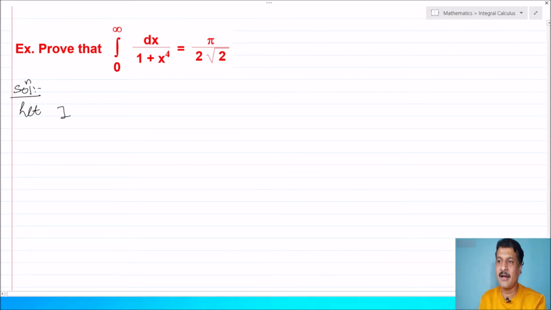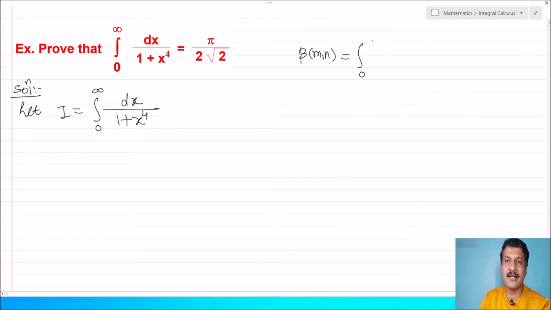So let I equal integration 0 to infinity dx upon 1 plus x raised to 4. Note that here we relate to the second definition of beta, x raised to m minus 1 upon (1 plus x) raised to m plus n dx.